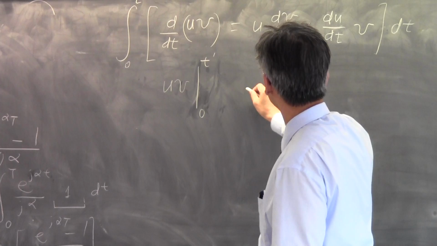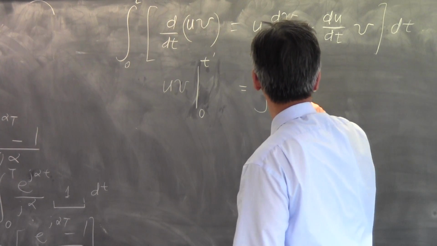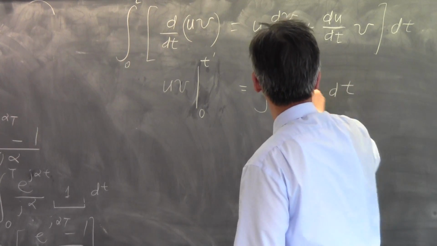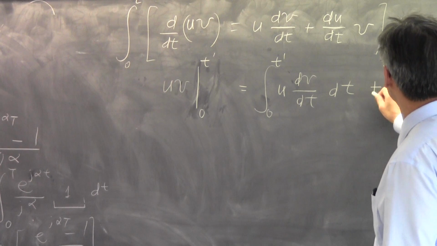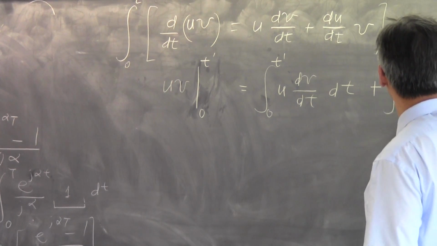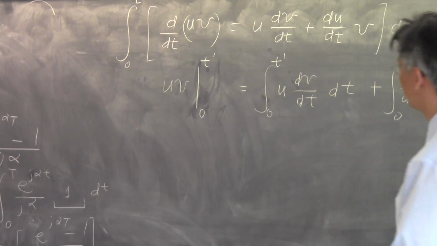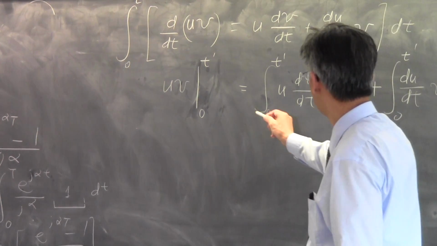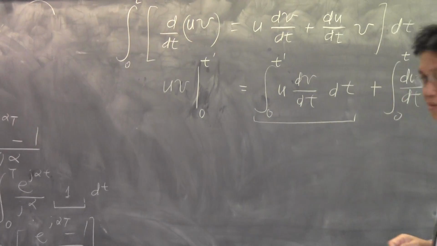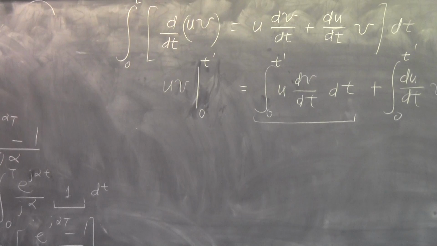And then if I integrate the first term, u dv dt, dt 0 to t prime, that's what I get for the first term. And then I get the u dt, v dt 0 to t prime. So what it allows you to do is write an integration of something in this form if you notice that one of the two terms is an exact derivative.